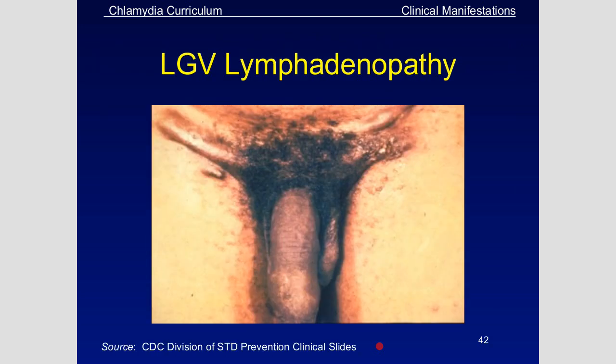Again, you can see in this case they are inflamed inguinal lymph nodes. If these are inflamed, this is the genital area that drains over here, right? So you have to make sure that even if you don't see something obvious, there's something going on which is causing that kind of lymphadenopathy.